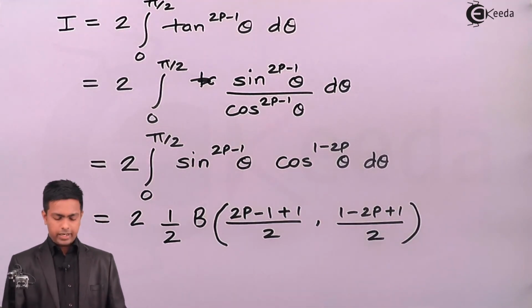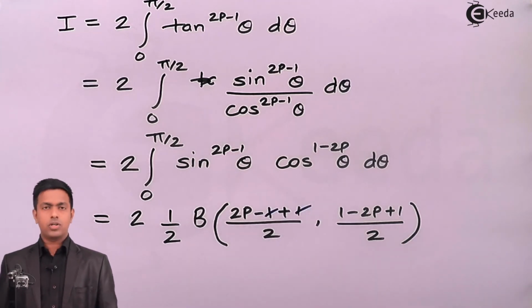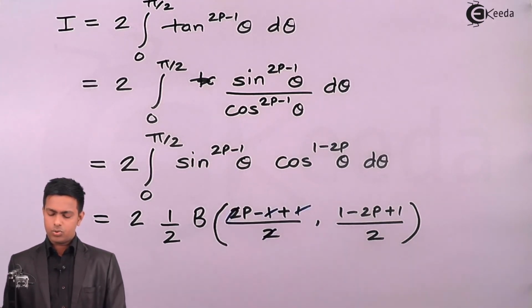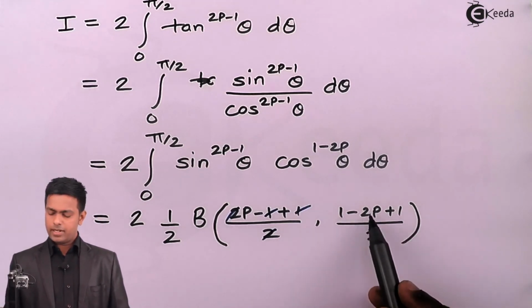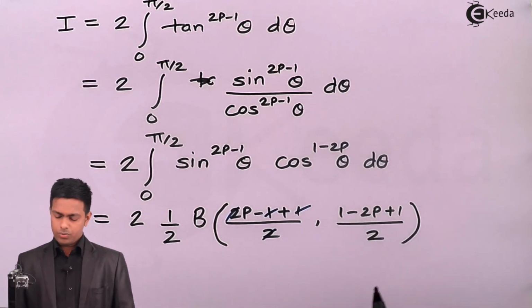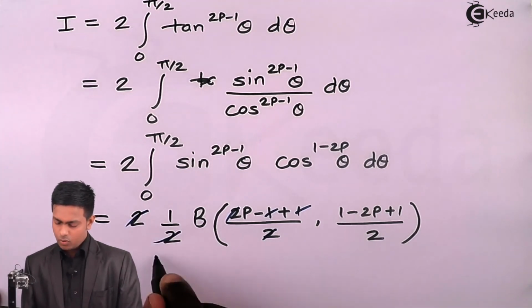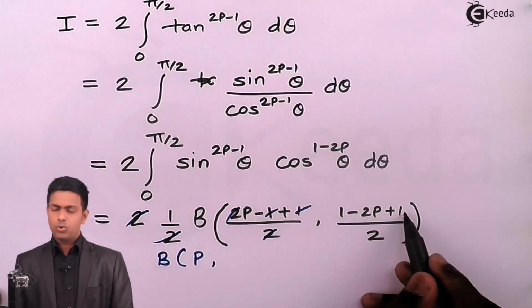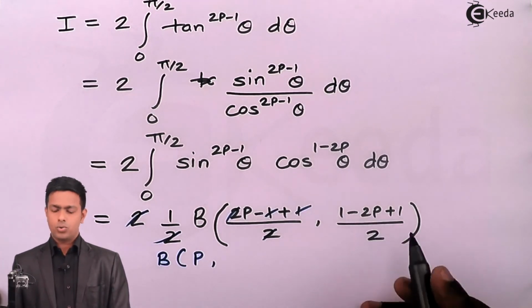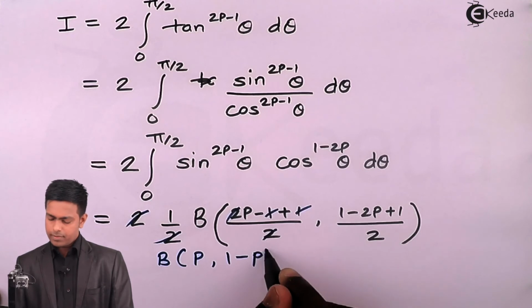Here we can cancel minus 1 plus 1, so 2p upon 2, cancel 2, and we just get p. Similarly, 1 plus 1 is 2, so 2 minus 2p upon 2, and cancelling 2, we get 1 minus p.